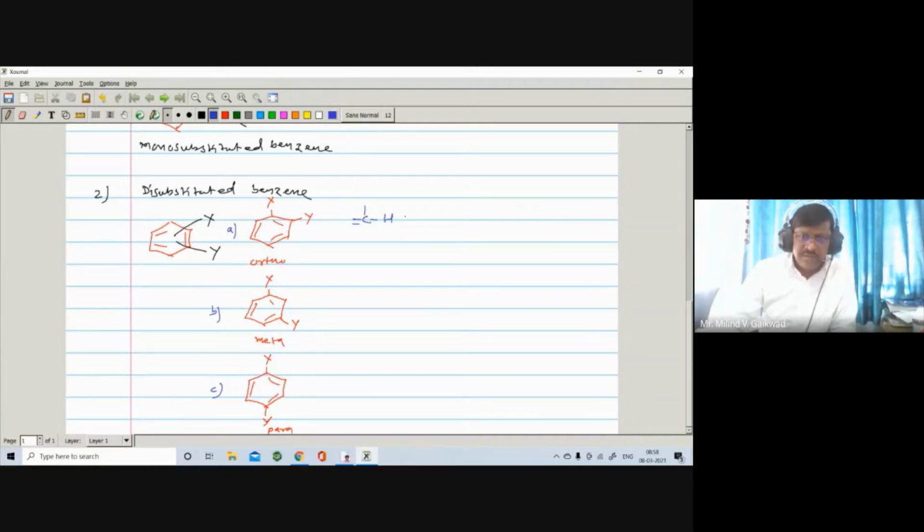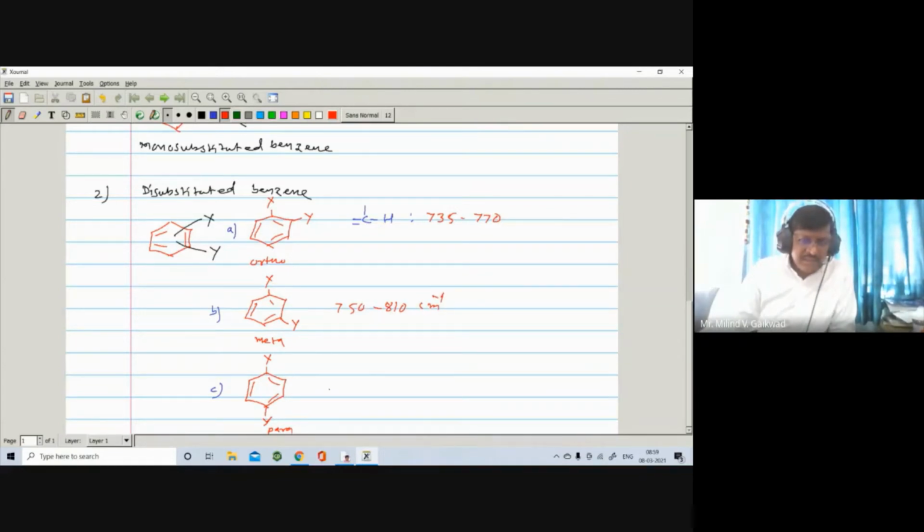If it is ortho, due to C-H bending of the carbon-carbon double bonds of benzene, you have an important band between 735 to 770. So you have only one band for ortho. For meta, due to C-H bending, you have 750 to 810 cm⁻¹.